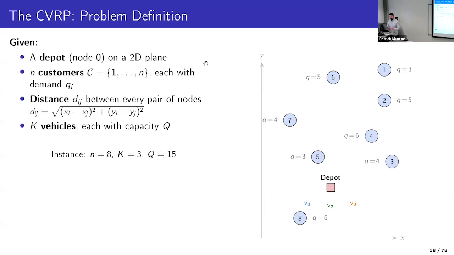So how many of you already know what the CVRP is? Can you just raise your hand if you've seen something like that before? Okay, thank you. So I can see that maybe half of you are already more or less familiar with it, which is good. The emphasis will be on CPLEX, not on the mathematical model itself.